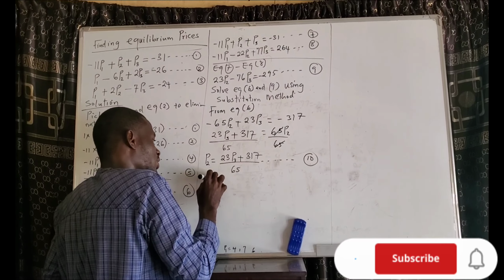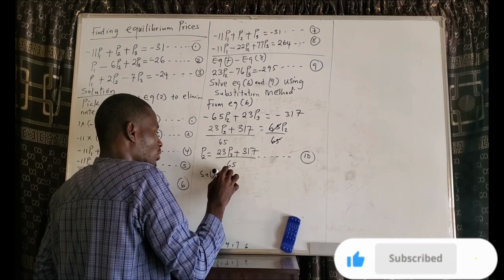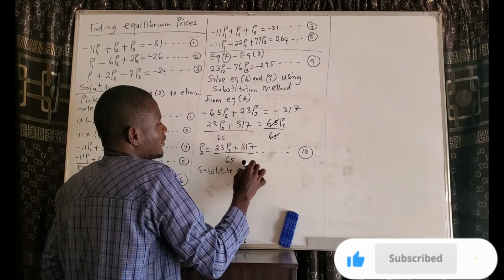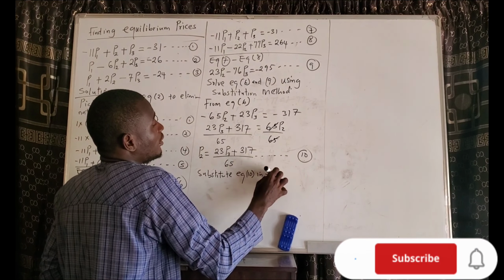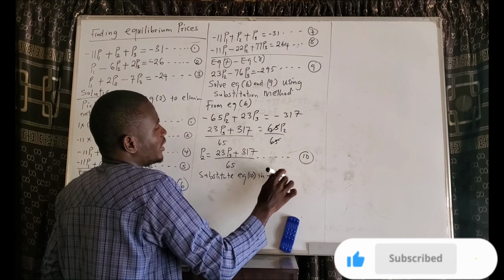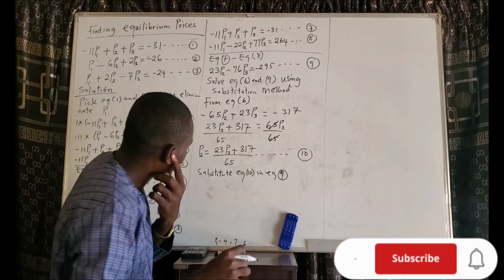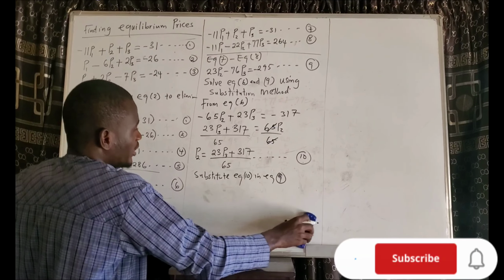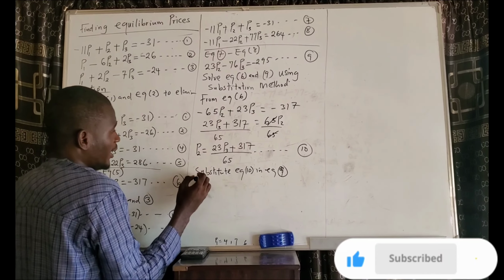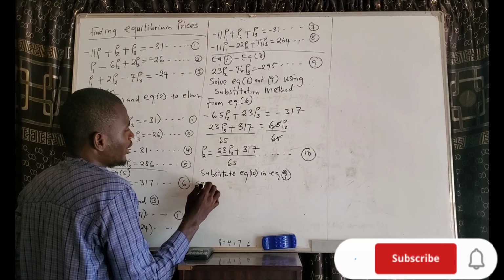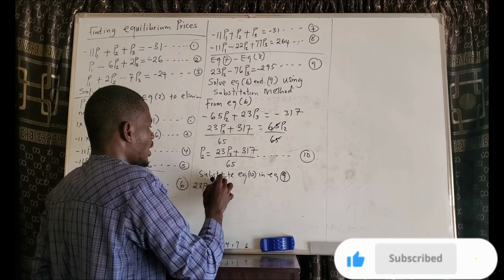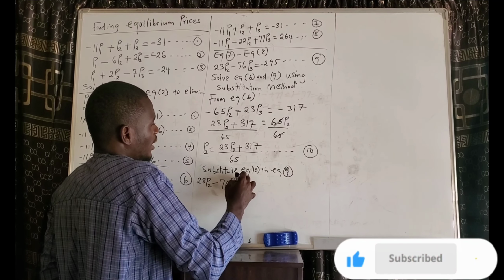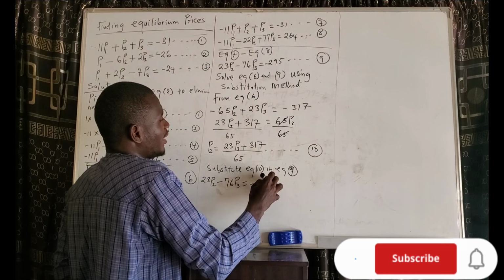So now substitute equation 10 in equation 9. Equation 9 is 23p2 minus 76p3 is equal to negative 295.